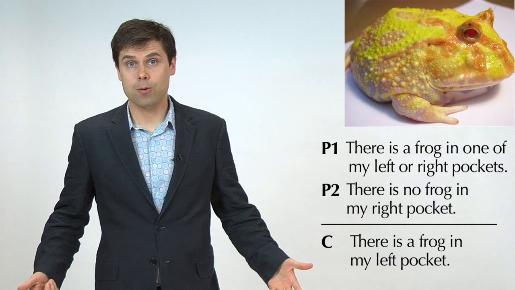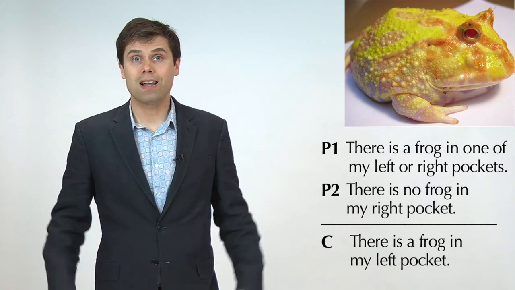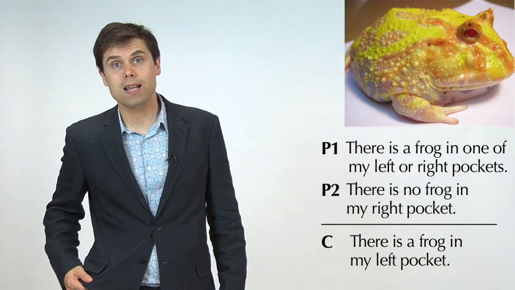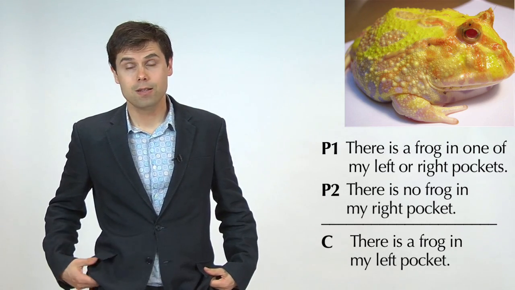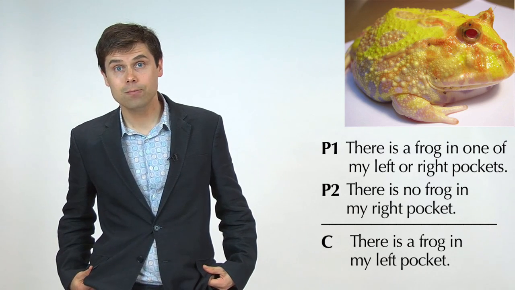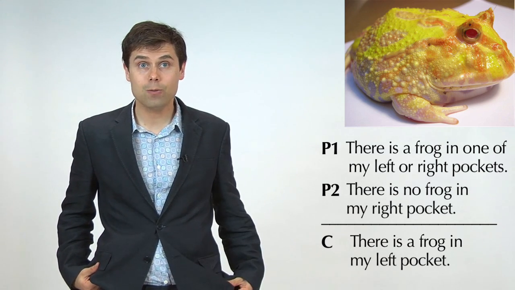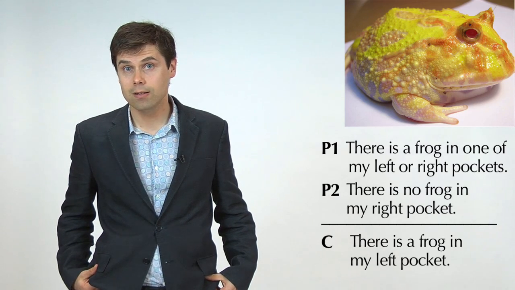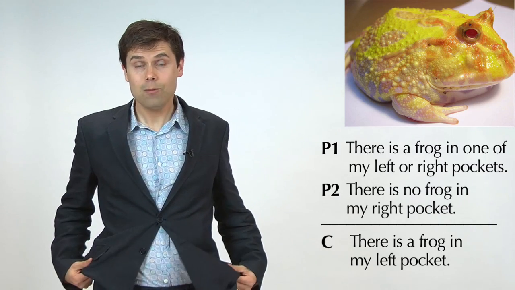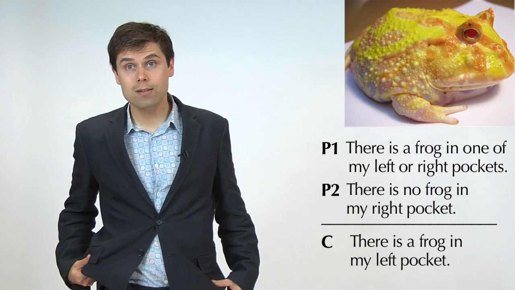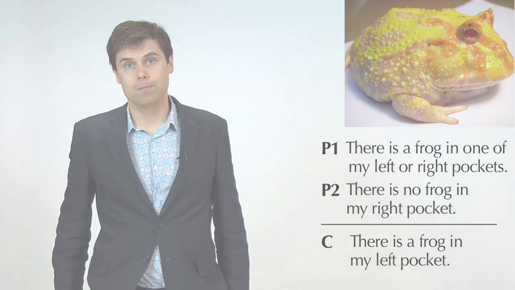There's a frog in my left pocket. Why is that a valid argument? Well, the first premise says there's a frog in one of these. The second one says it's not in the right one. So if it's in one of them and it's not in the right one, it must be in the left one. There's no possible situation in which there's a frog in one of them, there's no frog in the right one, and there's no frog in the left one.